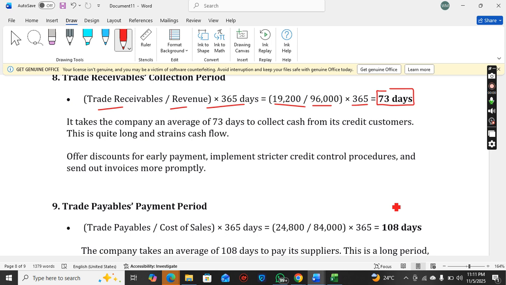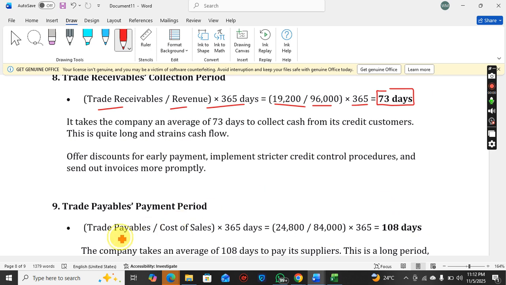But you shouldn't take advantage of that, because the more you delay paying suppliers, you destroy relationships, and they'll stop trusting you. So it's better to pay them as quickly as possible. Once you develop relationships with them, probably you can extend the number of days it takes you to pay back.